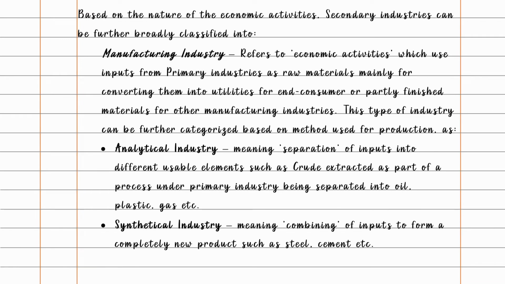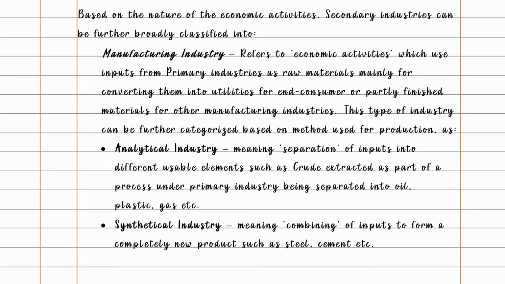So within the secondary industries, there are basically two categories: manufacturing industry and construction industry. Now, what is a manufacturing industry? Manufacturing industries are again economic activities which use inputs from primary industries as raw materials and convert them into utilities for end consumer or partly finished materials for other manufacturing industries.